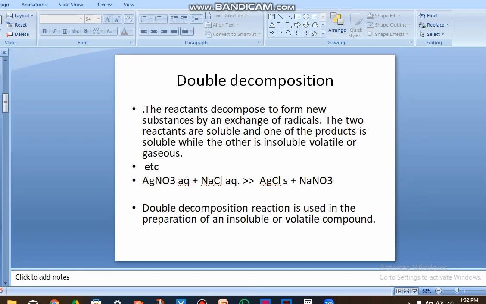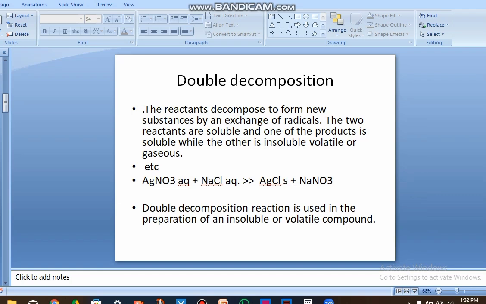gaseous. When something is soluble, meaning something that can be dissolved when you put it inside a liquid. For example, salt is soluble in water, because if you put salt in water, it will melt.